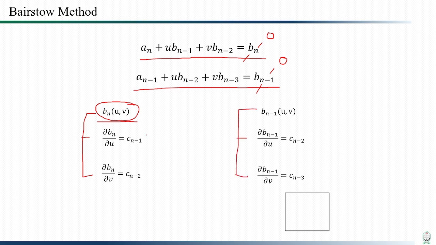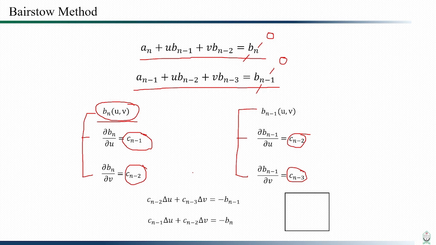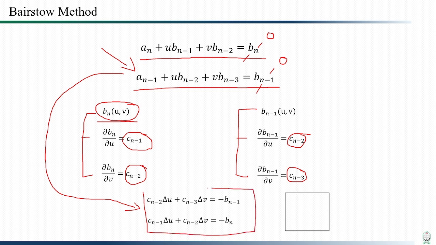These derivatives we have derived with some other values of C, and we have seen how we can calculate these values of C, right? Now, if we plug all these things into these equations again, they turn into this. If we solve this equation, then we get the values of del U and del V.